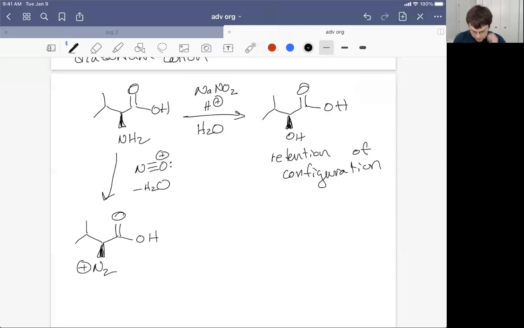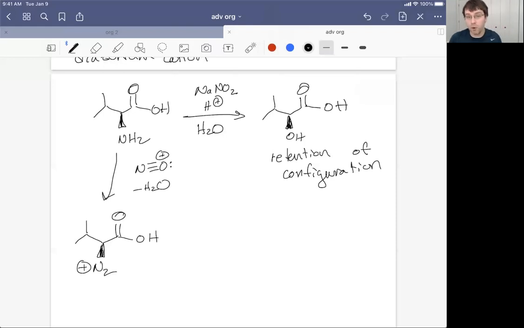We still have our configuration at the alpha position set to be S. Sometimes it's possible that you could make a diazo compound by losing the alpha hydrogen, but I've done this reaction, and you can hold on to that alpha hydrogen and stay as a wedge at the alpha stereochemistry.